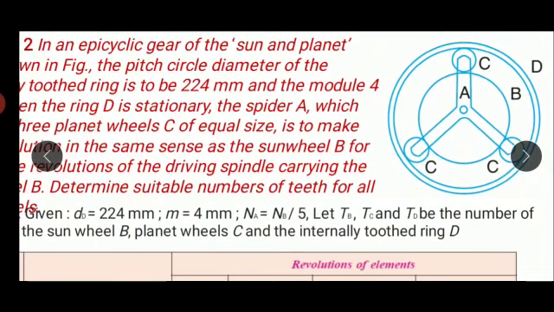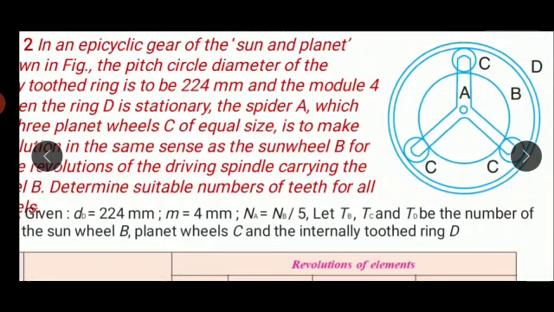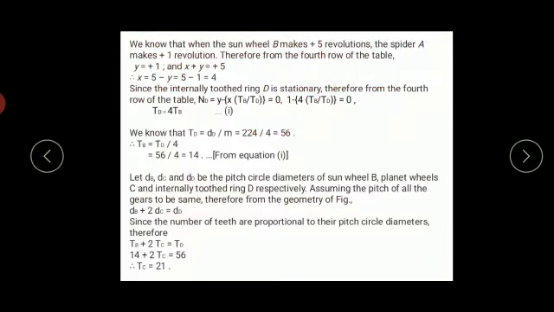We have one C here and one C here, and they mesh with the internal gear D. Therefore, dB plus 2dC equals the diameter of D. We can write that in terms of number of teeth: TB plus 2 times TC equals TD. Now we know the number of teeth on gear B is 14 and on gear D is 56. So the number of teeth on gear C is 21.